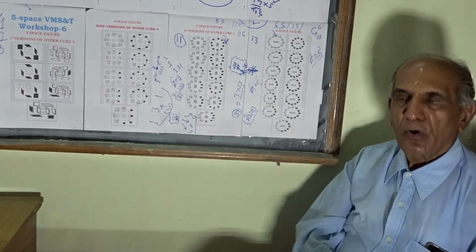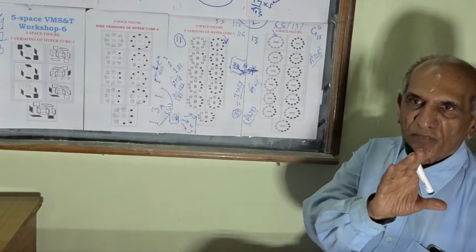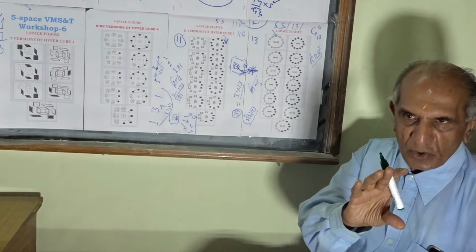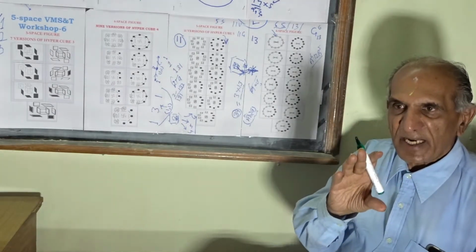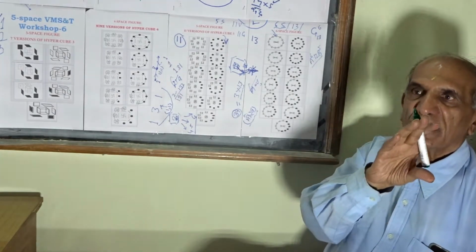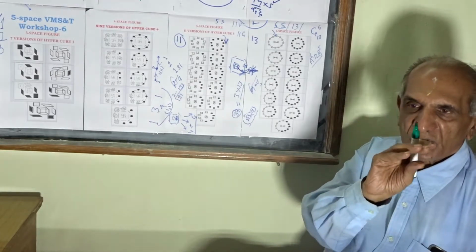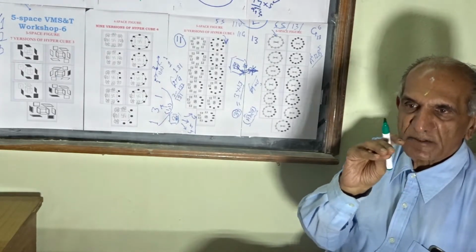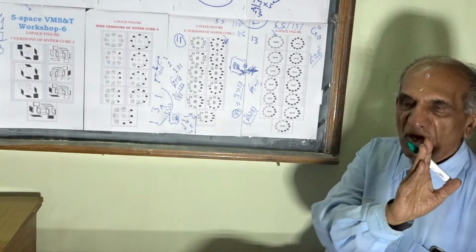We know that hypercube 5 is a 5-space domain enveloped within 10 creative components. The creative boundary, the 4-space boundary of 5-space, is of 10 components.